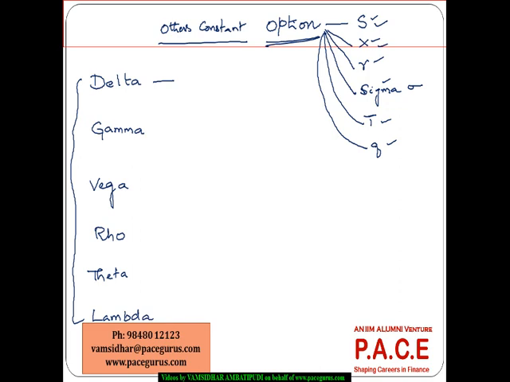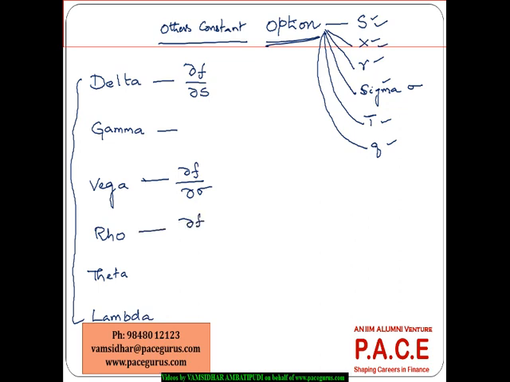Just to understand, delta talks about the change in the price of the derivative, here I am assuming f is the price of the derivative, by the change in the stock price or the underlying asset price, and that is called delta. Change in the price of the derivative with respect to the change in the volatility of the underlying asset is called Vega.